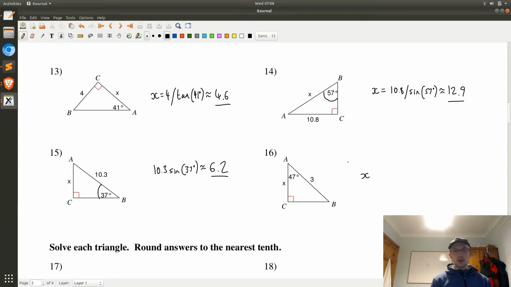So x equals 3 over cosine of 47, or about 4.4.